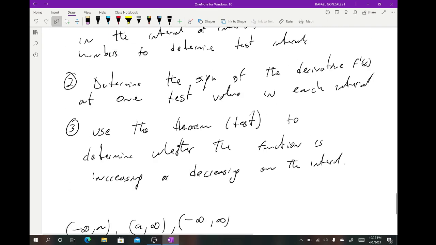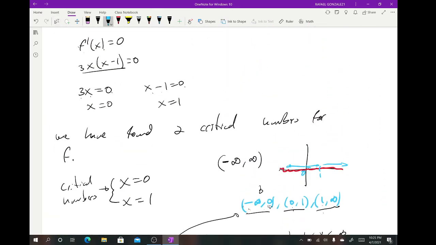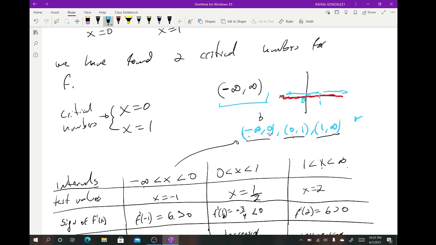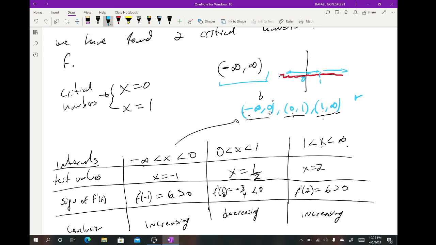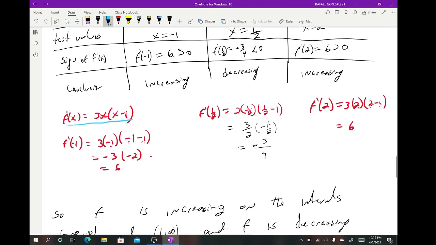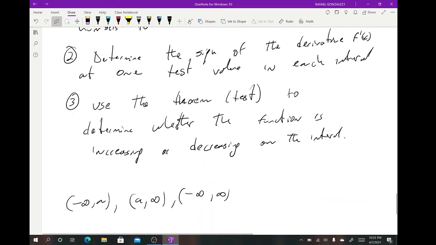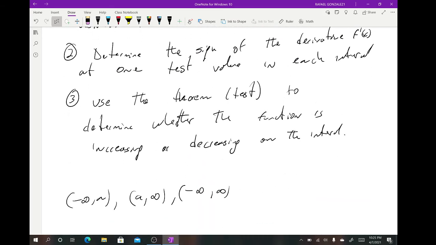This last example that we just did showed that, because I began by telling you that the function is defined on this entire interval, and then we actually broke it into three different intervals, one going from minus infinity to some number a, one going from a number to another number, and one going from a number b, let's say, to infinity. We can see that the test worked at each interval. Okay, this is the so-called test for increasing or decreasing functions.